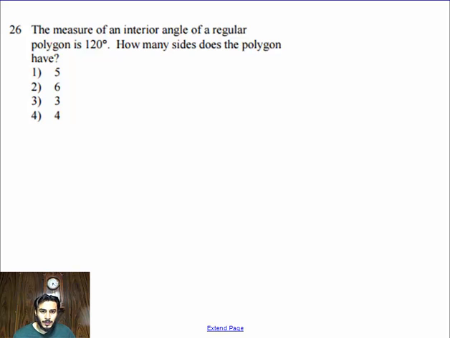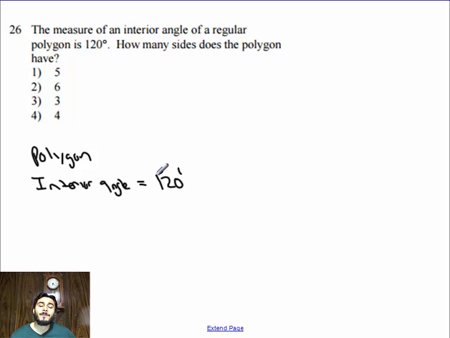All right, so in this polygon, which is regular, that means all the angles are the same, the interior angle measures 120 degrees, which means that the exterior angle measures 60 degrees. Now, how did I get that? I just did 180, take away 120, and I got 60 degrees.